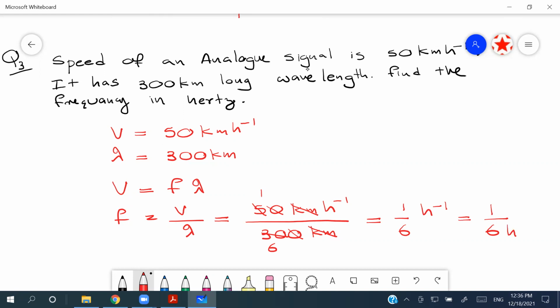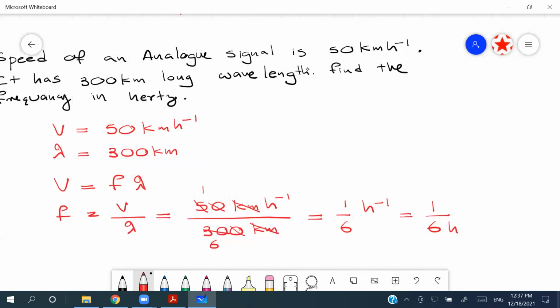So if we are converting hours into seconds, what are we going to do? We need to multiply by 3600, that's correct. But since it's h minus 1 over here, we are going to do it like this. 1/6. This is the place we are going to put 3600. Right? So it's kind of huge.